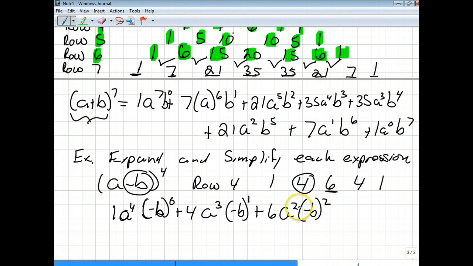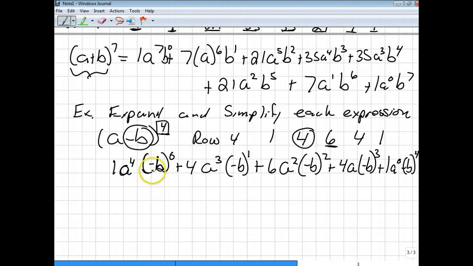Again, notice that the exponents always add up to 4 in this case, plus 4, a to the 1, because we decreased by 1, negative b to the third, because we increased by 1, plus 1, a to the 0, negative b to the fourth.